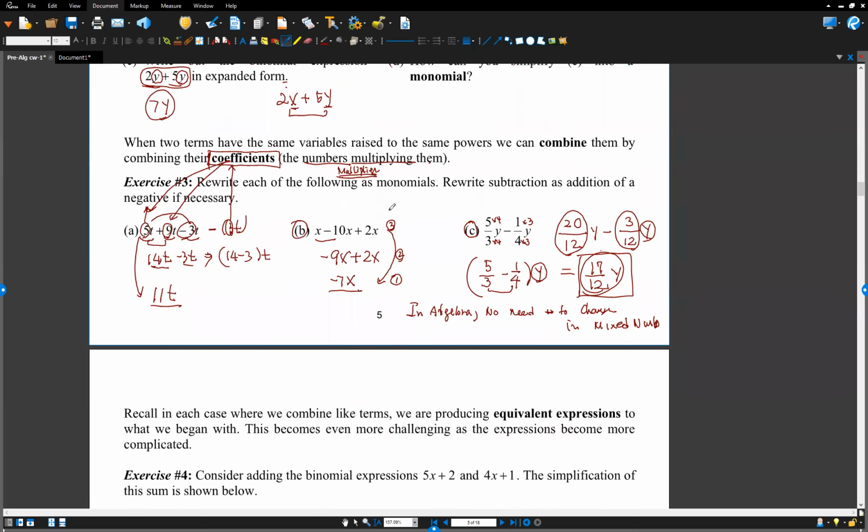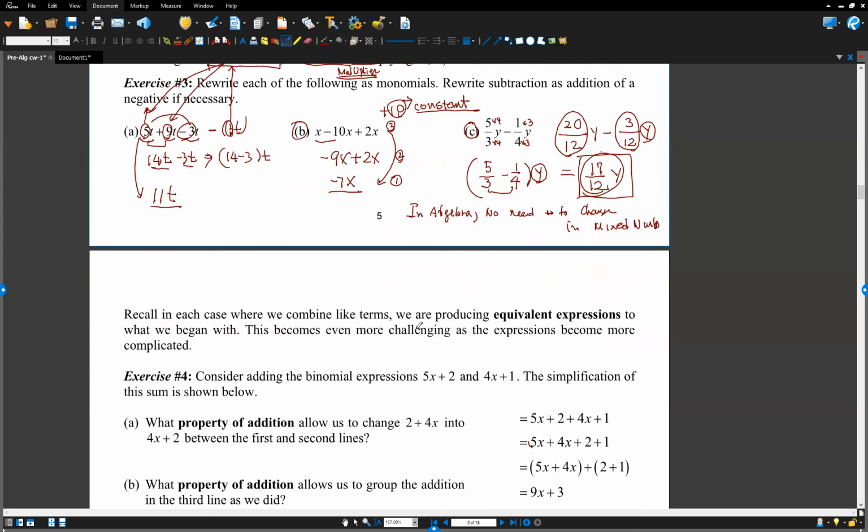What about this one? If we have a plus 10 over here, there is no variable. This is a kind of coefficient, but special: since there is no variable, we say constant. Constant means it doesn't have any variable. Over here, this is a coefficient because we have a variable.